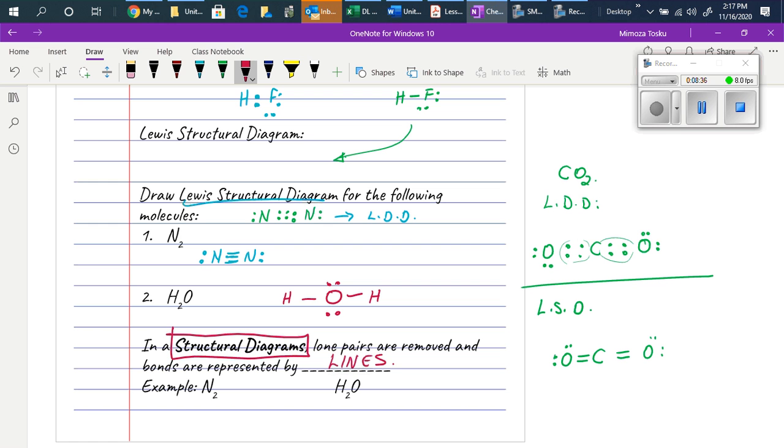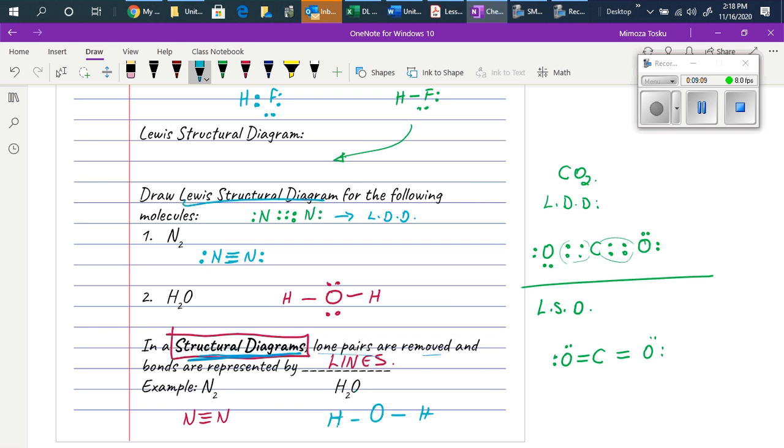When we draw the structural diagram, we have just triple bonding between the nitrogens, and here we will have oxygen and hydrogen, and we don't care about the electrons. Okay, so in the structural diagram, the lone pairs are removed, and we see only the lines between two atoms.